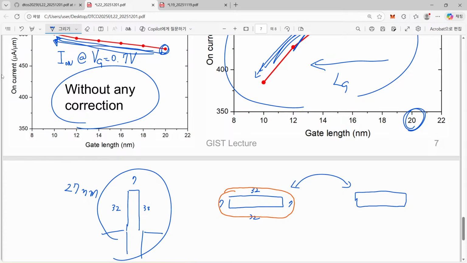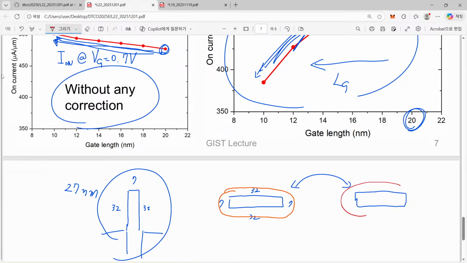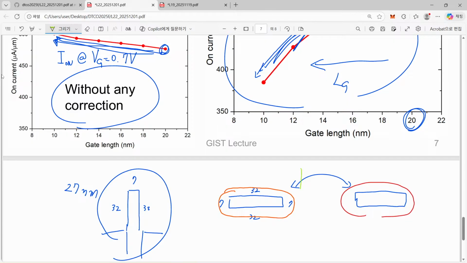So this one can have a metal, and this one can have metal, and between them we must also introduce isolation. They should be isolated. So from the viewpoint of sizing, obviously this one is much less beneficial than this FinFET.